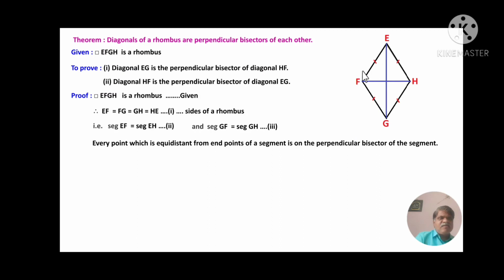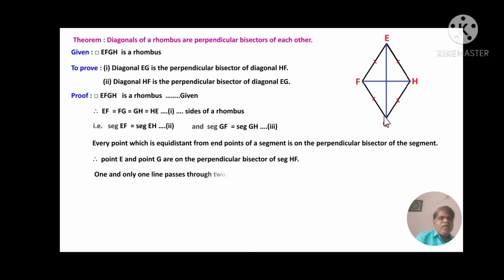Because this point E is equidistant from F and H, so this is a generalized statement. We will get here that point E, as well as Z, are on the perpendicular bisector of this HF.